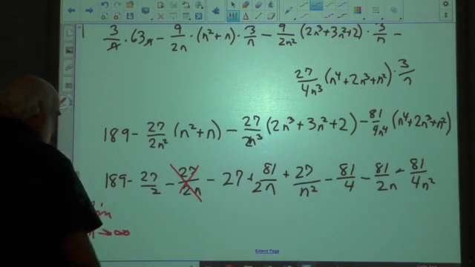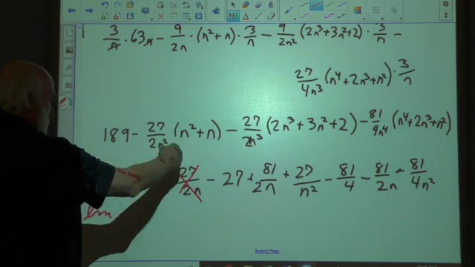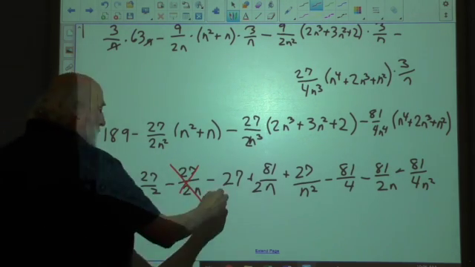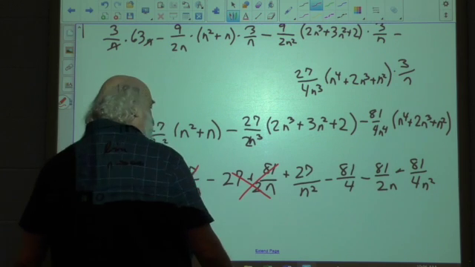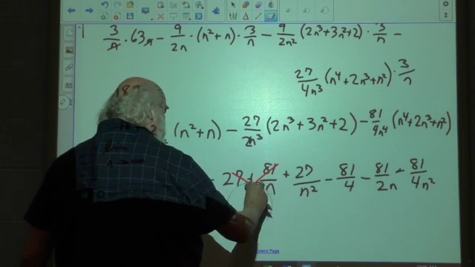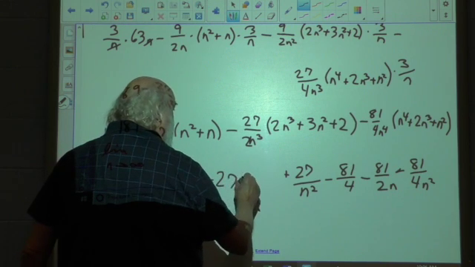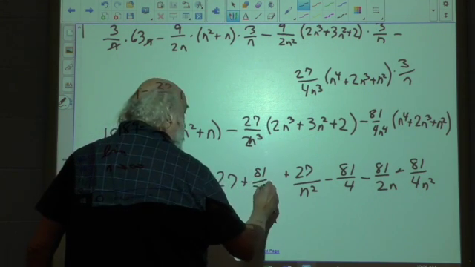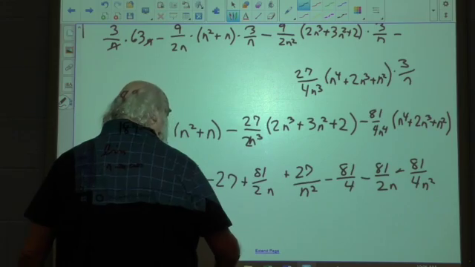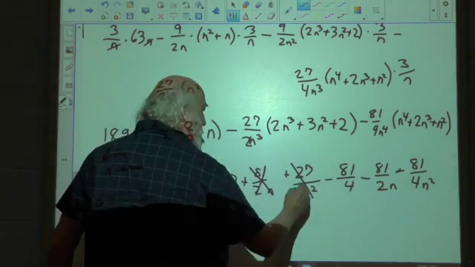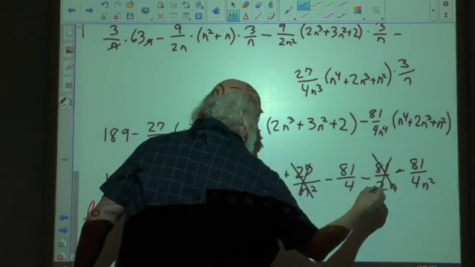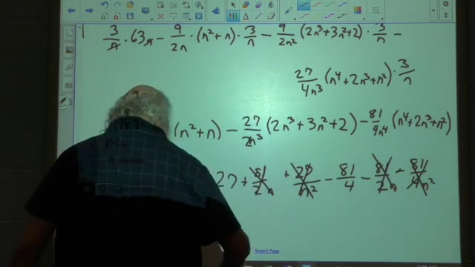That becomes infinity there, so that becomes 0. That drops out. That drops out. 27 stays in. That drops out. That drops out. This stays in. That drops out. That drops out.